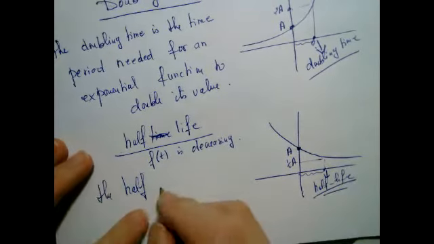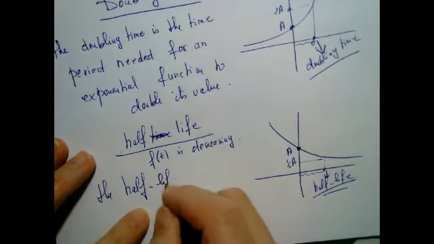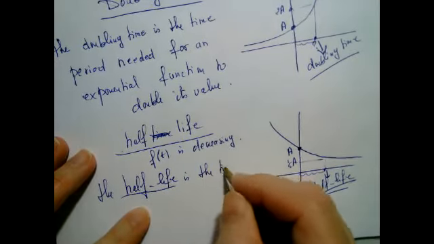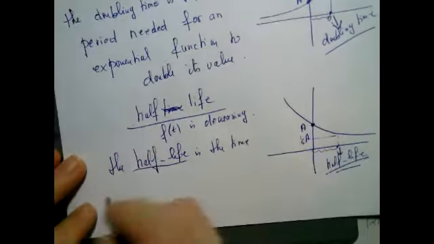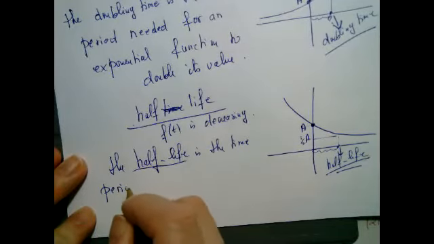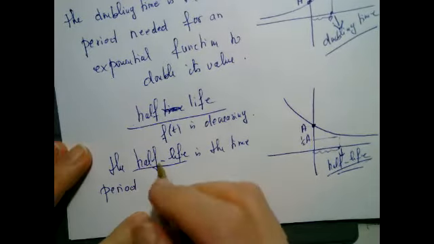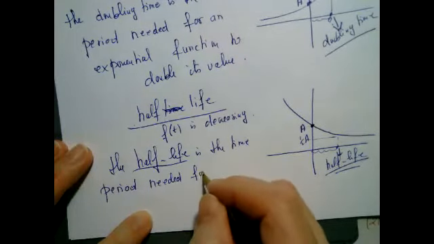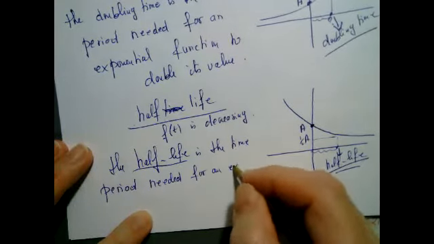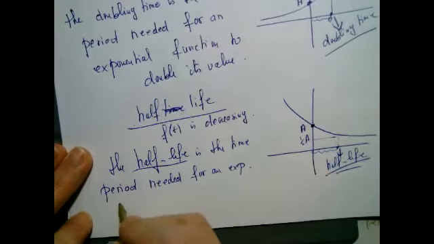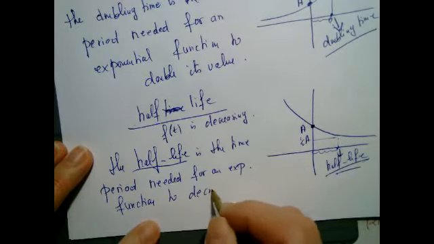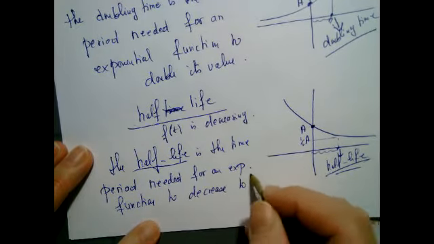So the half-life is the time period needed for an exponential function to decrease to half its value.